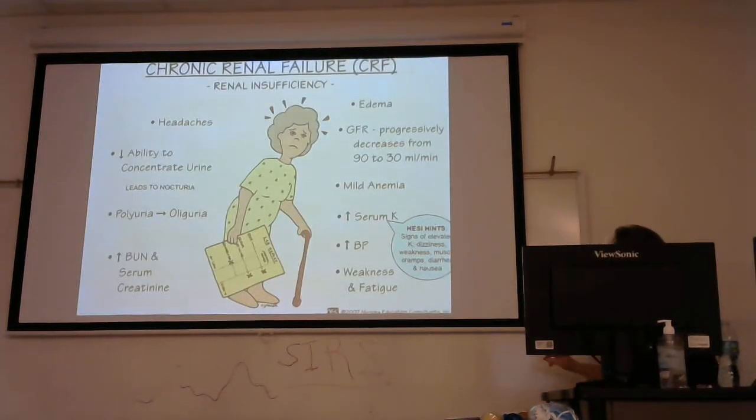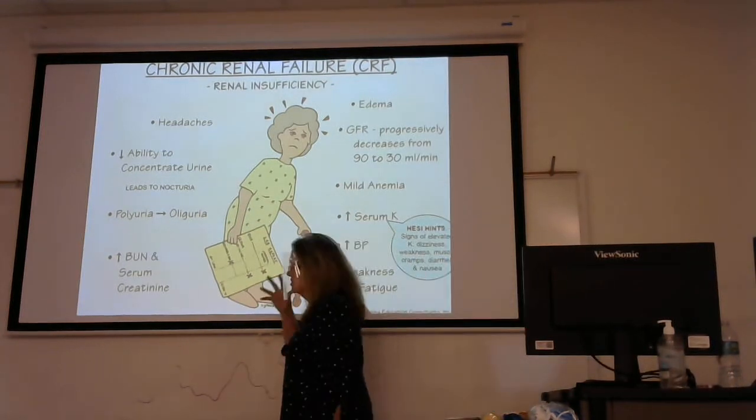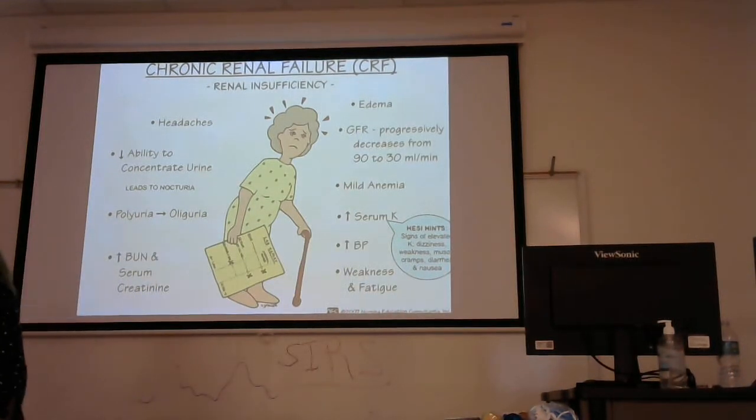This is just renal failure as we progress. Renal insufficiency kind of started off in those first 3 stages. We were not really seeing a whole lot, but when they start showing up, we're going to see some headaches from the fluid overload, maybe from some of those toxins. They're not going to be able to concentrate their urine as well.